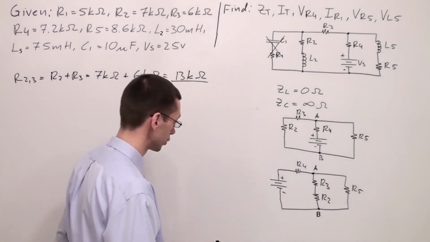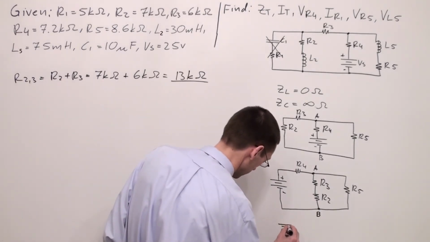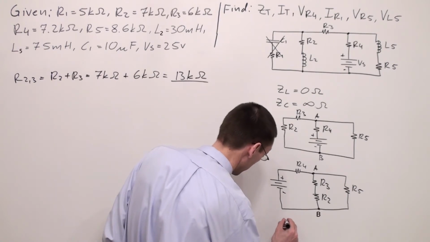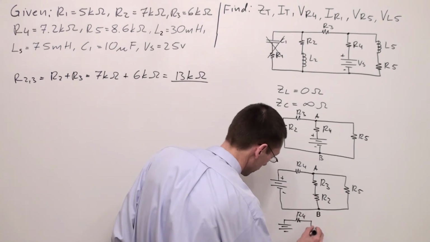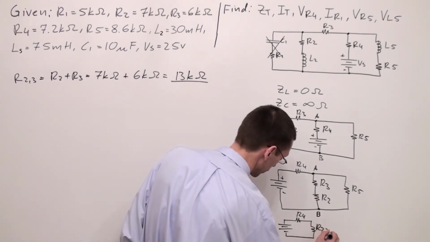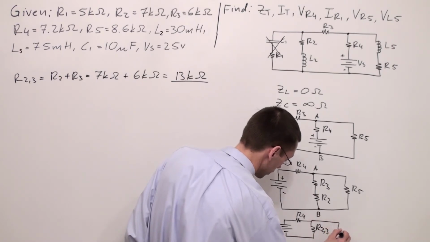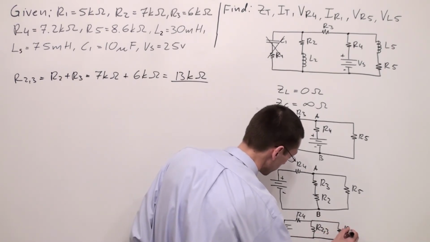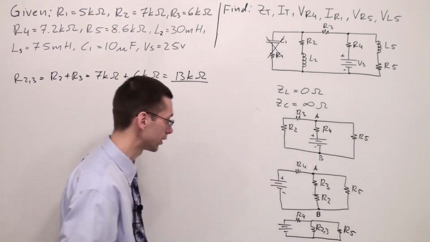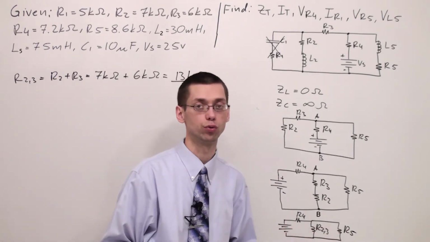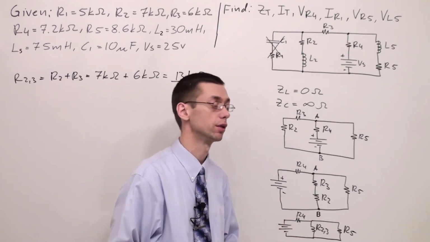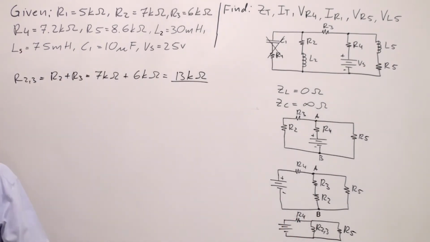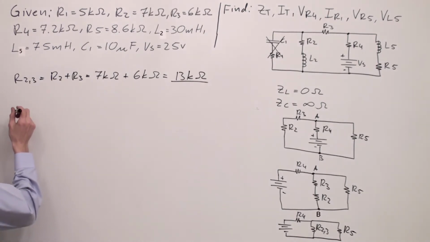So we found the total resistance of these 2 resistors. Now we can redraw the circuit, and your circuit is going to look like this. I have the DC power supply, and I have R4, R23 and resistor R5. Now we can see very clearly that these two resistors are in parallel. Because I have two resistors, I can use the formula which is called product over the sum.